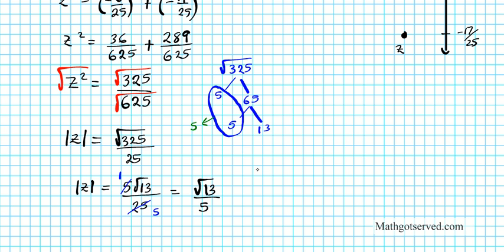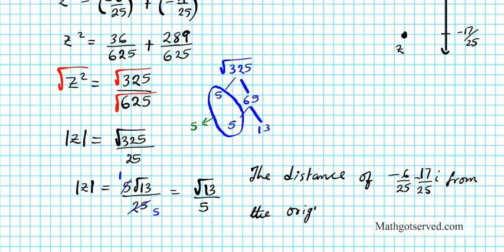Okay? So what does this mean? This basically means that the distance of the complex number negative 6 over 25 minus 17 over 25i from the origin is root 13 over 5.